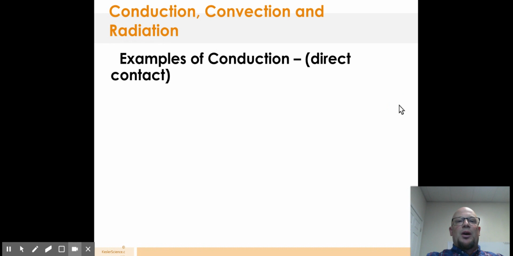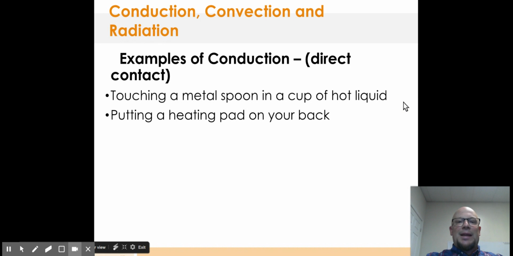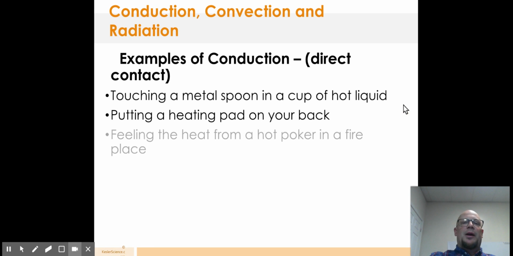So anything direct contact is going to be conduction. Some examples of conduction is touching a metal spoon in a cup of hot liquid, which we just saw in that picture. Putting a heating pad on your back. If you've ever gotten hurt and you put a heating pad on your back to help relax, that would be conduction. It's moving directly from the heating pad to your skin. Feeling the heat from a hot poker in a fireplace.